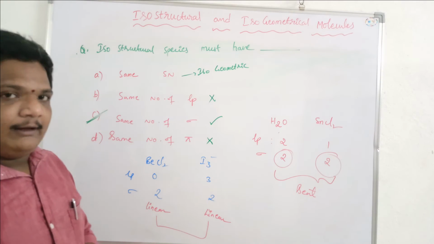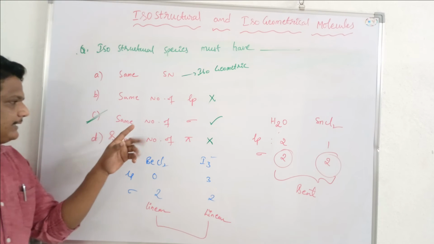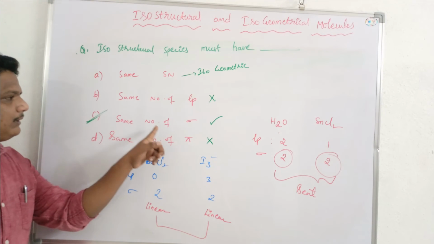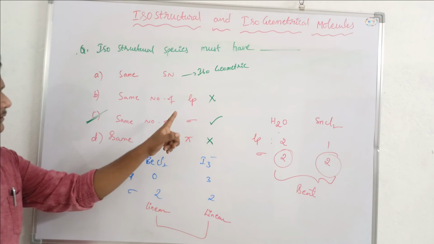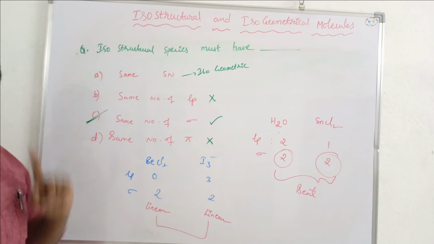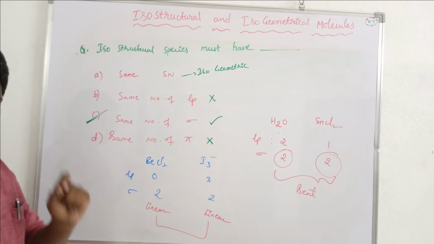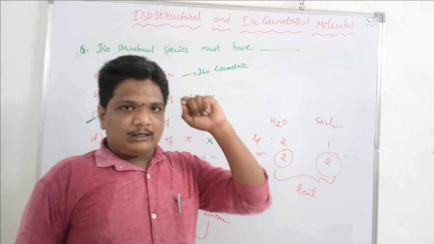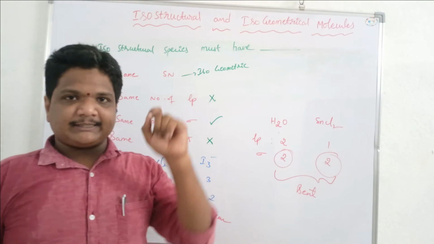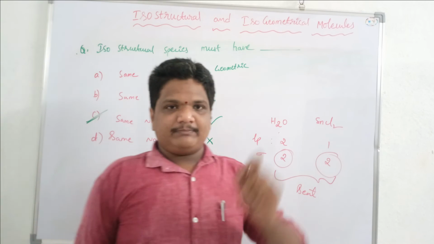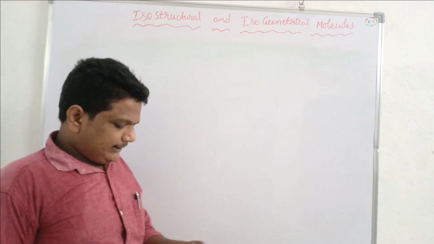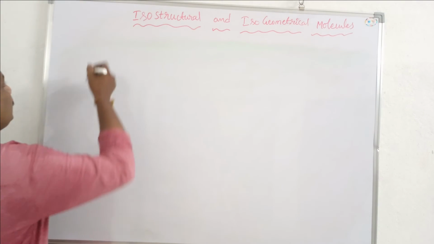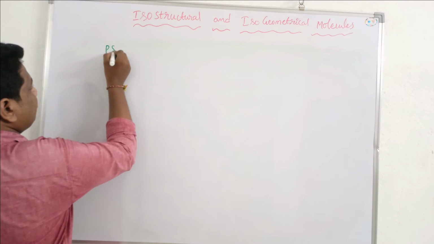In this way, we can conclude that isostructural species must contain the same number of sigma bonds, even though they are not having the same number of lone pairs.